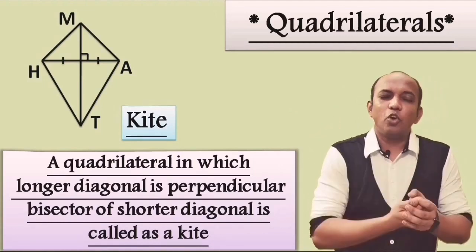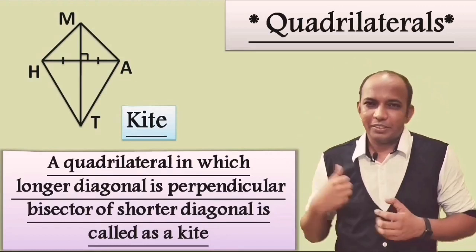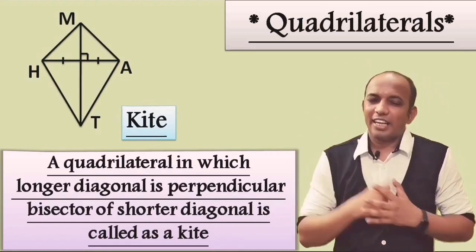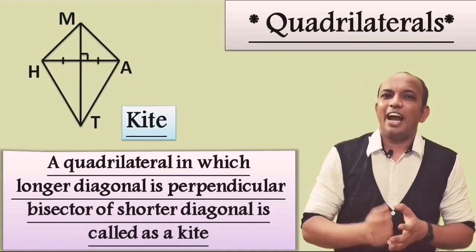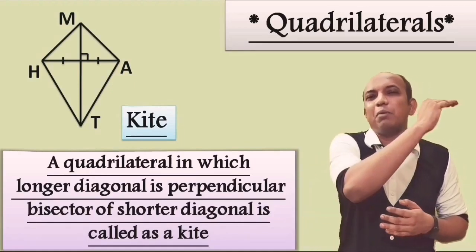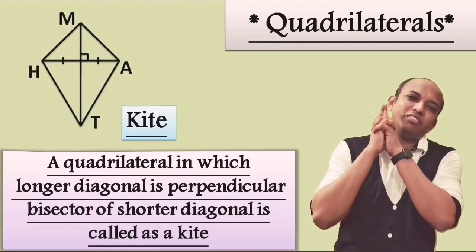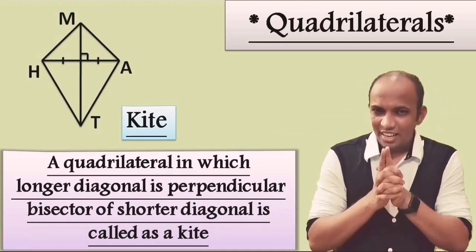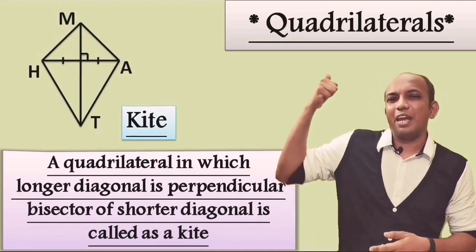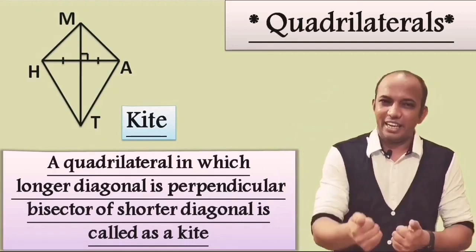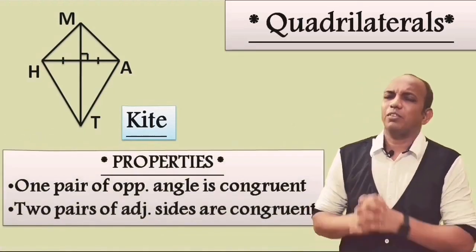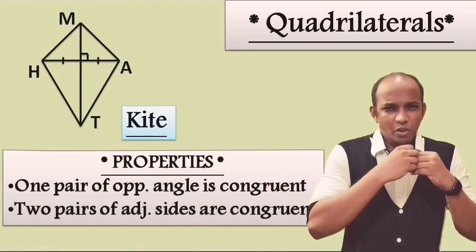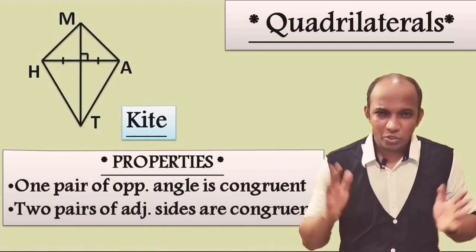In the diagram, if you observe, MT is the longer diagonal, whereas AH is the smaller diagonal, and MT is the perpendicular bisector of AH, and that is why MATH is a kite. The property of the kite says that, very first, no opposite sides are parallel to each other.